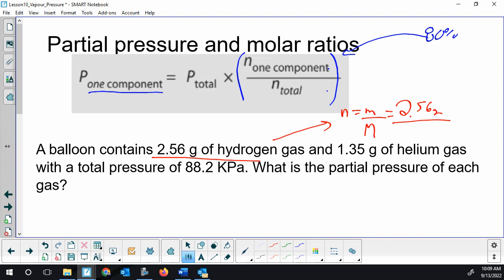Hydrogen is one of your diatomics. So that is 2.02 grams per mole. Each hydrogen atom is a little over 1. So in total, I got 1.2733 moles. I'm just going to put the 27 down on the board.